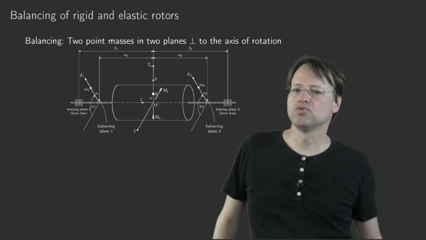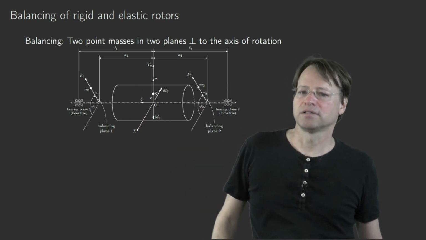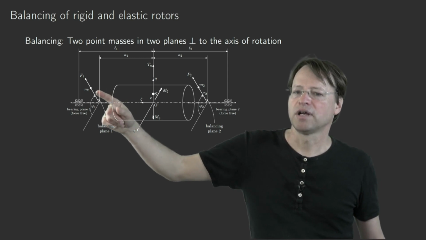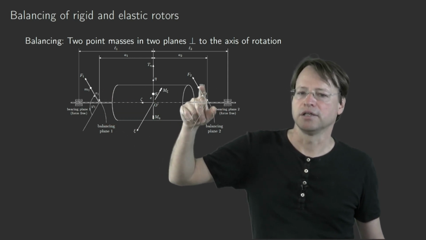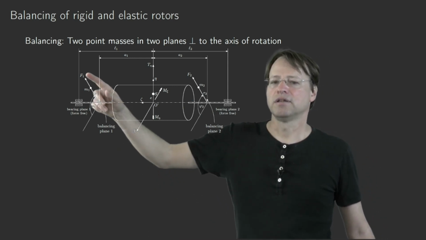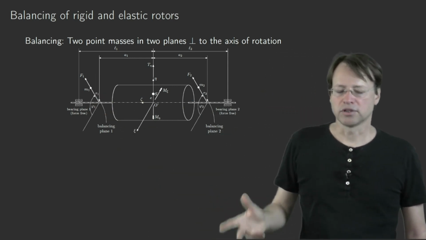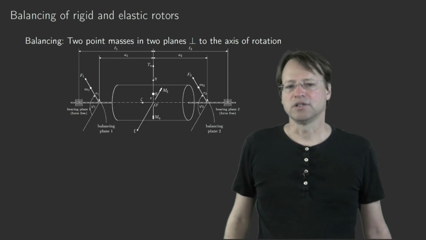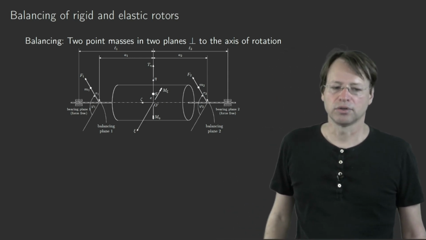So it must be two planes, not the same plane. You can find an additional mass point in each of these planes, and you have then the centrifugal force here, as we are dealing with stationary operation only.